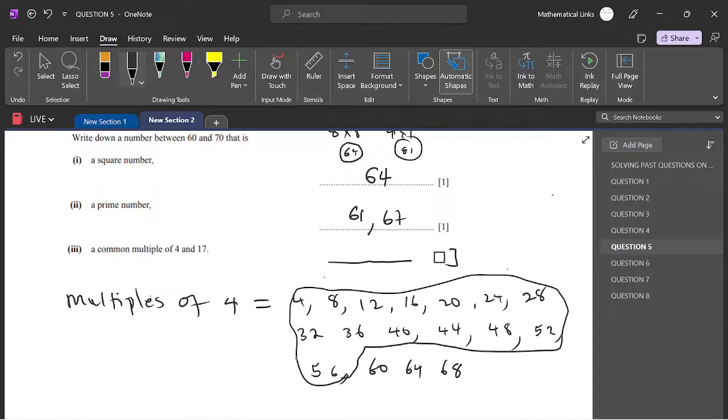So to get multiples of 17, you have to multiply it. You can take your calculator if you cannot do it offhand, or if you want to have your answers on time.